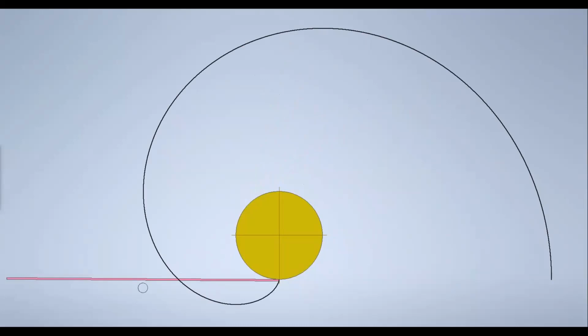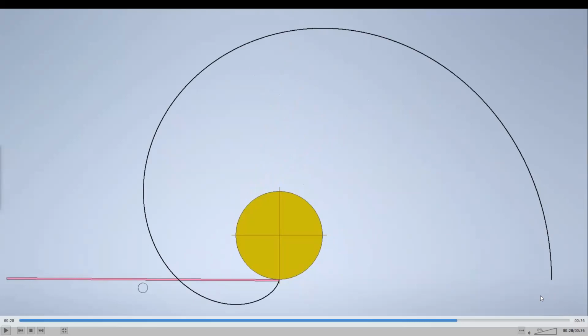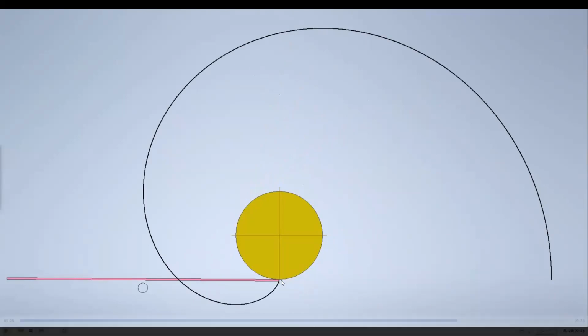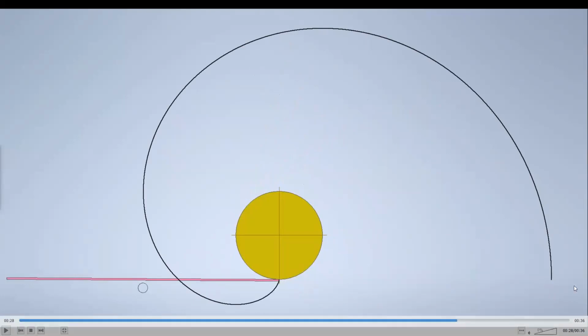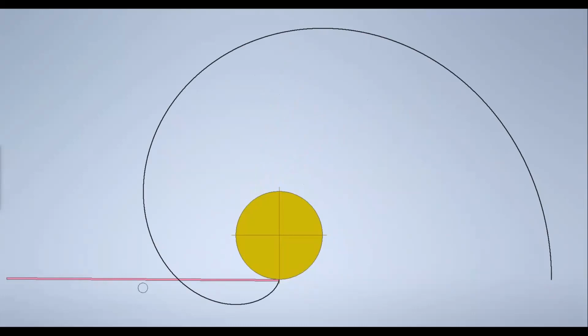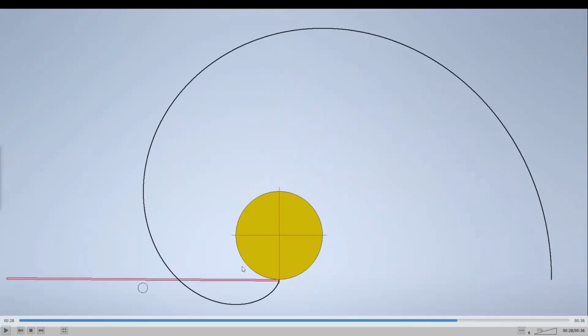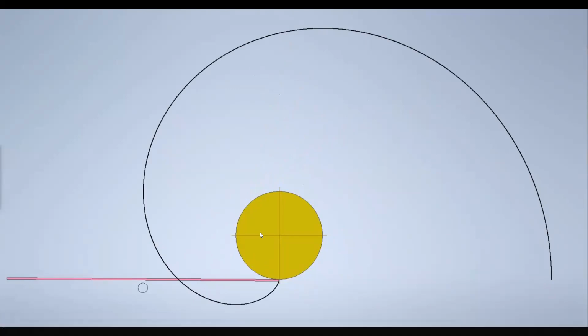You can generate this curve by taking a string. Its one end must be fixed or connected to the circle, and its other end will trace this path, that is called the involute, or this path can be traced by using a rod. That rod must be tangent to the circle. So this is the involute generated by a single point.